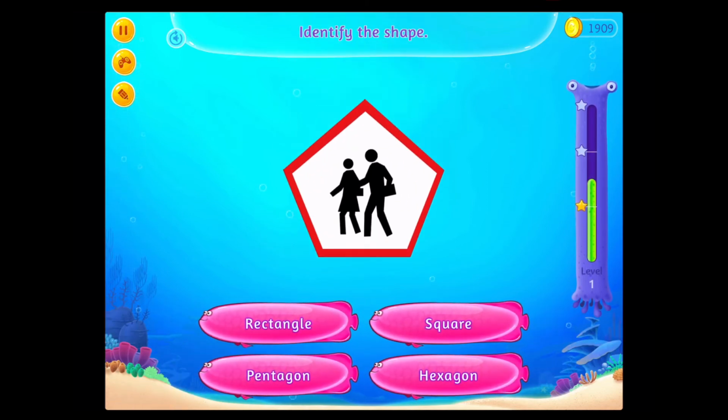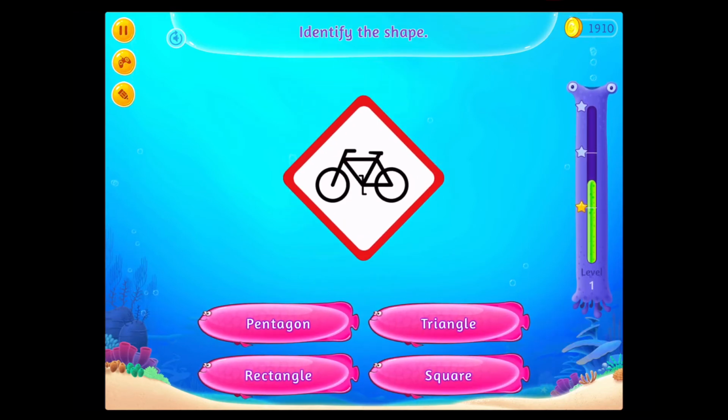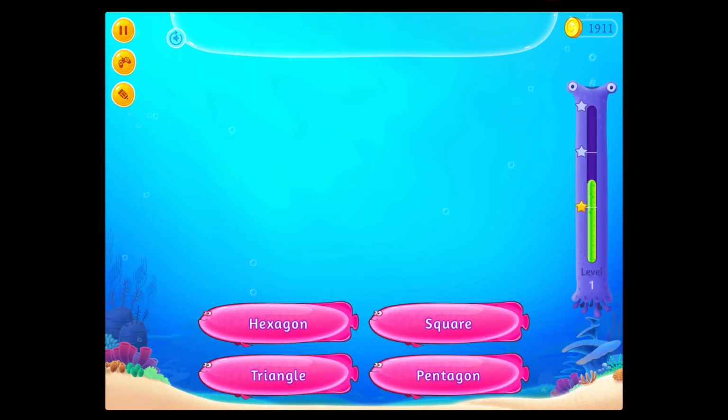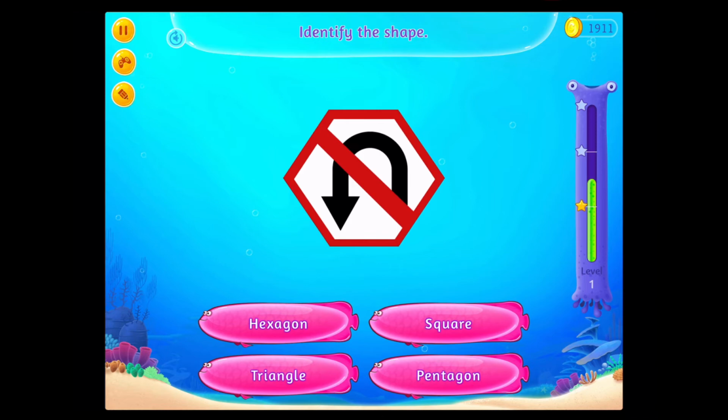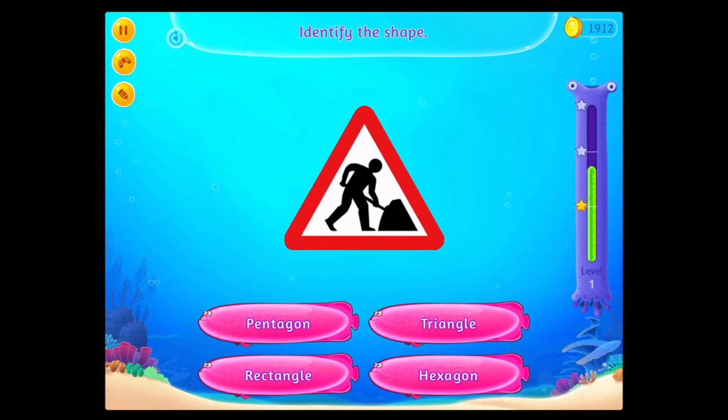Identify the shape. Fantastic. Identify the shape. Good going. Identify the shape. On a roll. Identify the shape.